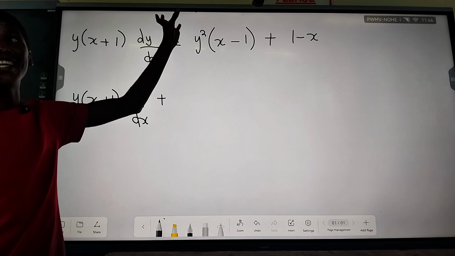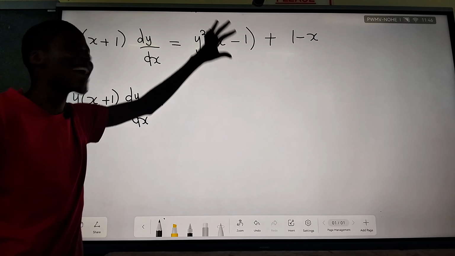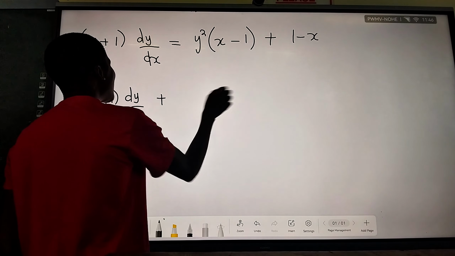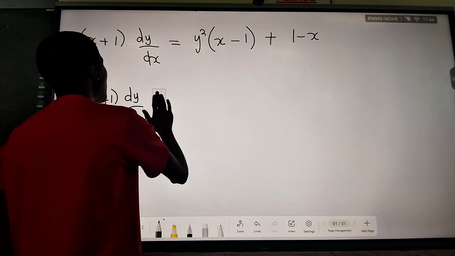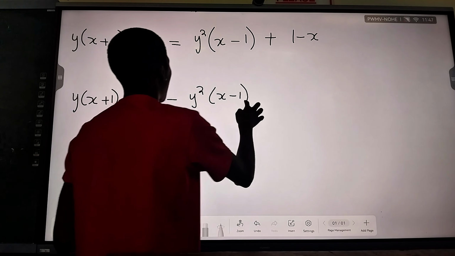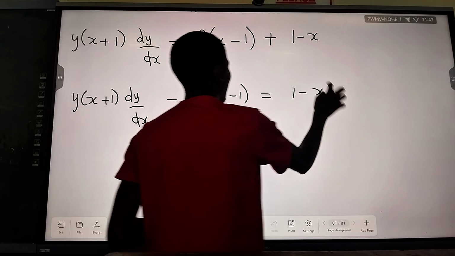Okay, let's transpose this one. Please let us start with this one, because I can already see where it goes. Listen, look here. If we say this is minus y squared, x minus 1, is equal to 1 minus x.